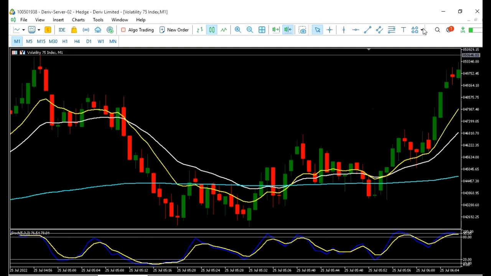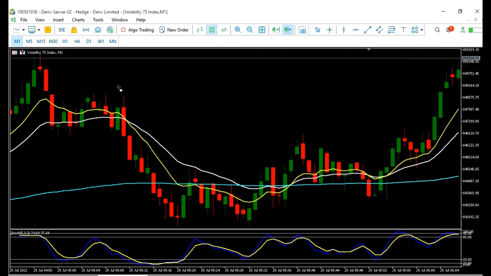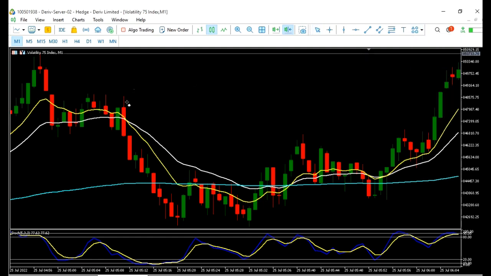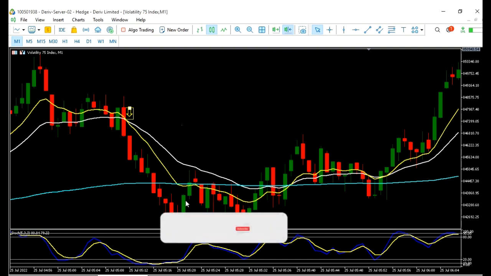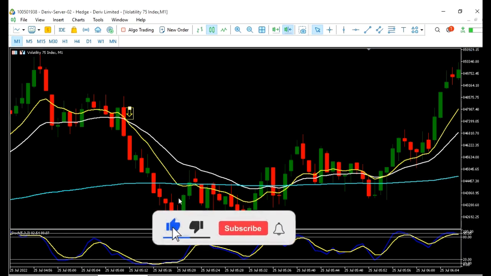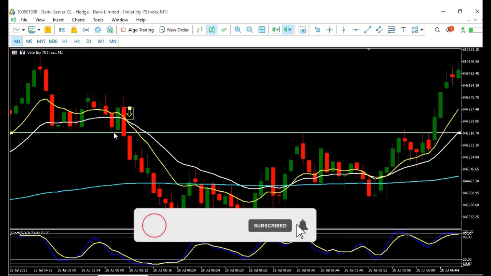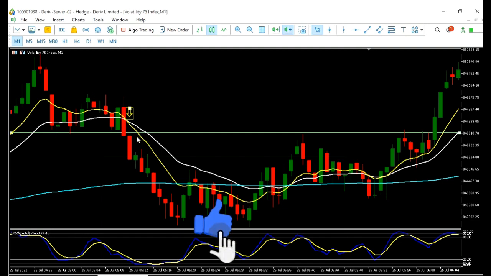Anytime you see this type of cross here, it gives you a confirmation that you can take some candles. But before you do that, you must wait. You must allow this breakout first. So if you are using a small account like $30, $50, this is the strategy you should apply.